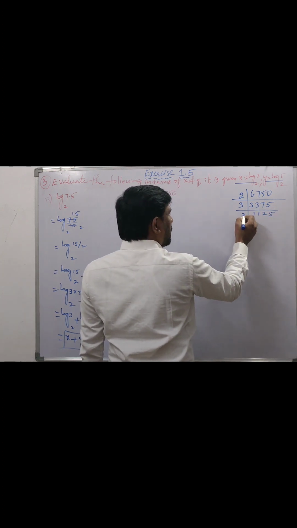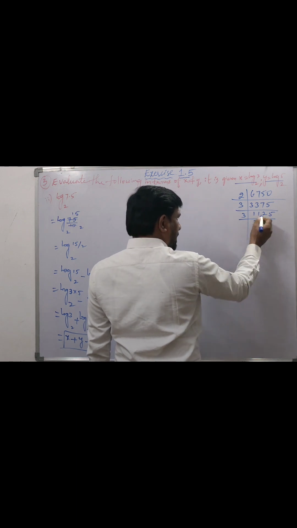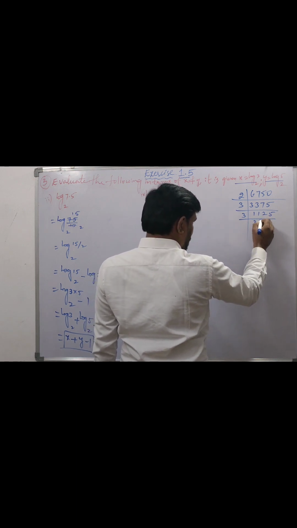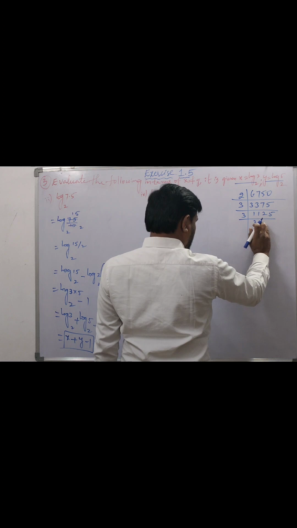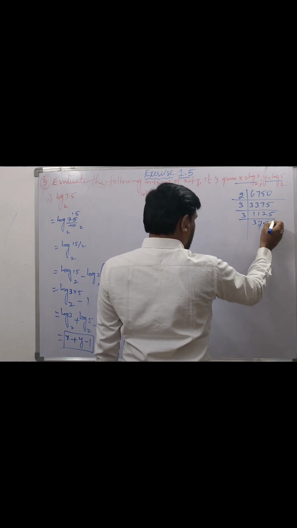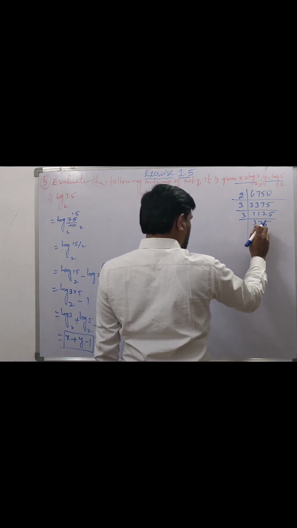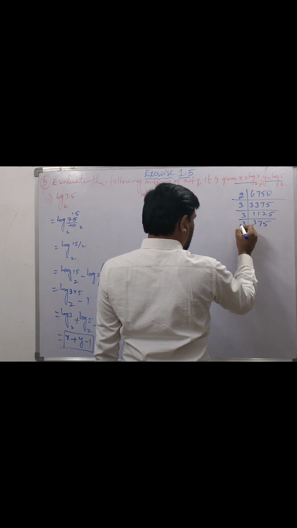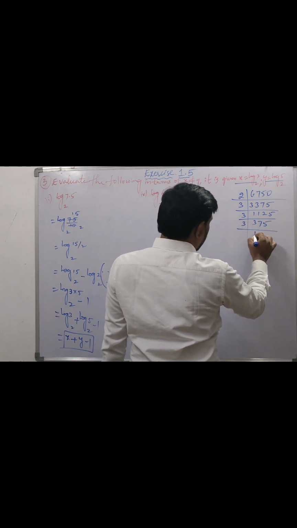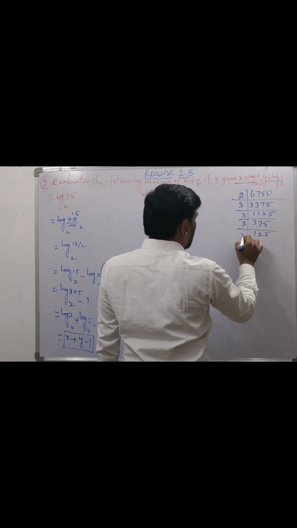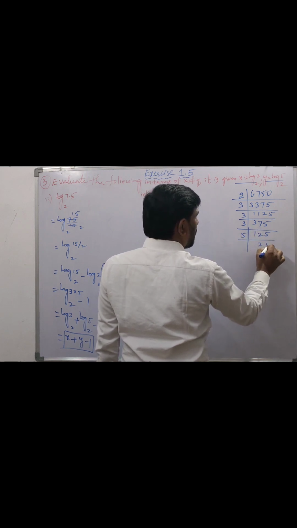Again it goes in the 3 table. 3 3s are 9, 3 7s are 21, 3 5s are 15, right? Again it goes in the 3 table. 3 1 is 3, 3 2s are 6, 3 5s are 15. Now 5 table. 5 5s are 25. Again 5 5s are 25.